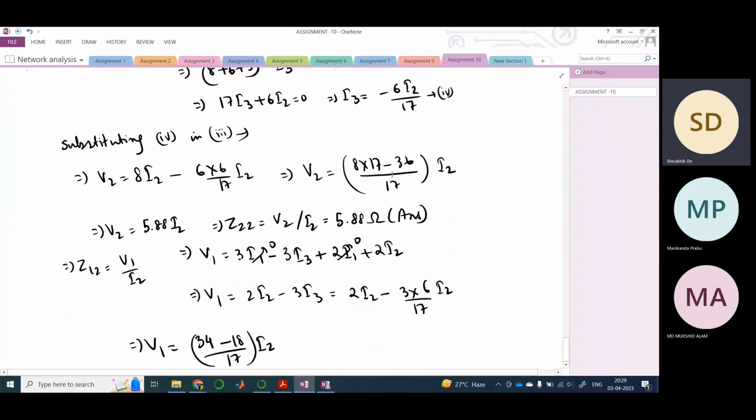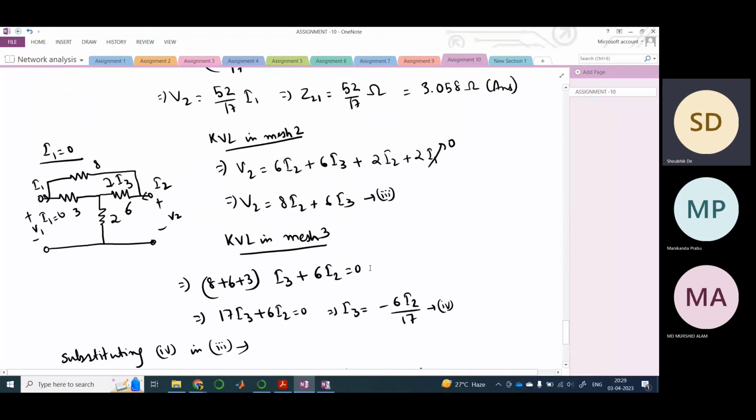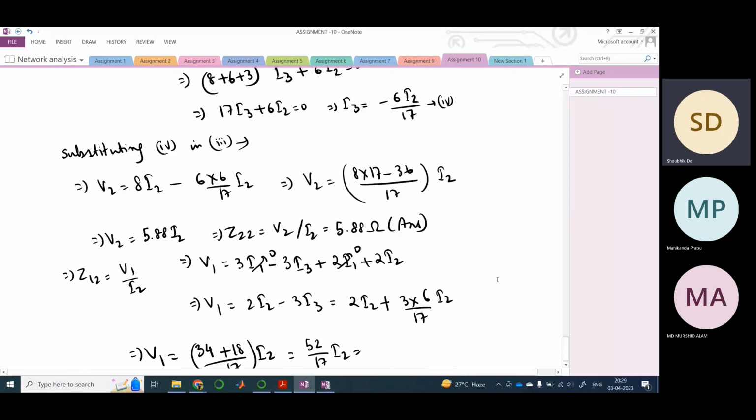Yes, this would be plus, because this is minus, and I3 is minus 6I2 by 17, so this minus minus becomes plus. So this is 52 by 17, which we calculated earlier: 3.058.